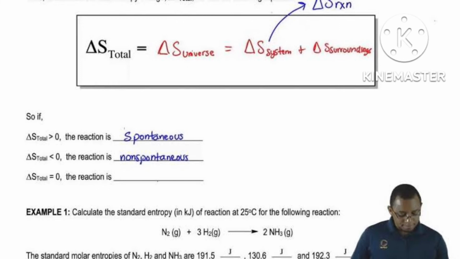Heat has a randomizing influence on the system.